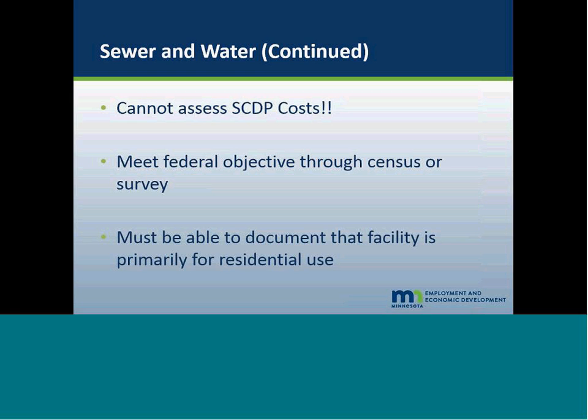There's a 50% or better of the system that will need to be low and moderate income, and that's determined either by census or survey. And the census data for all the communities in Minnesota is in the apply section of our website.